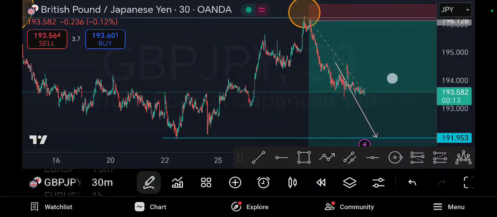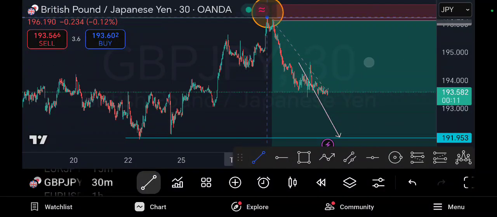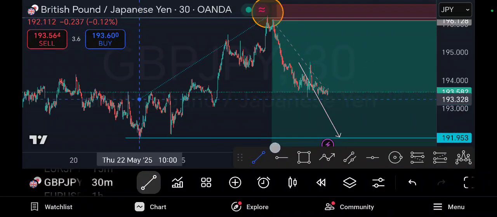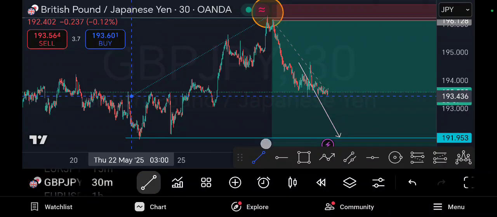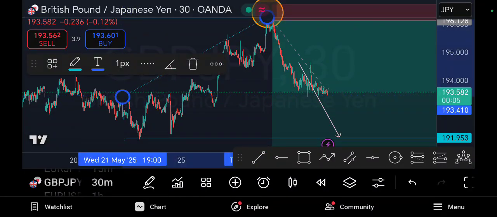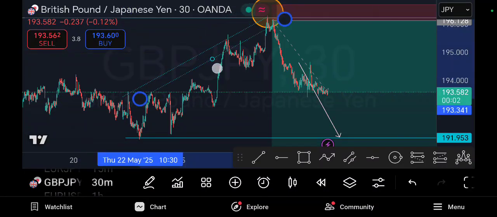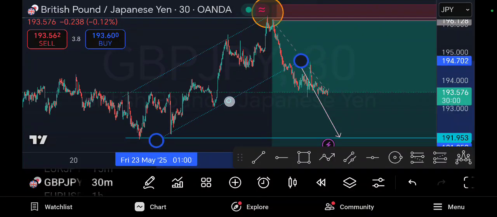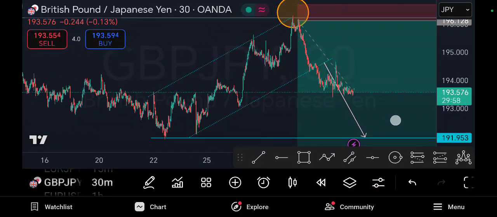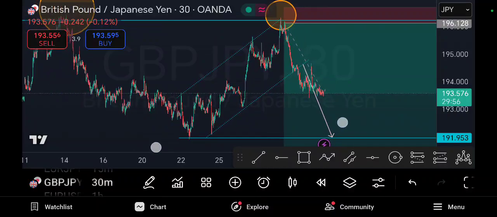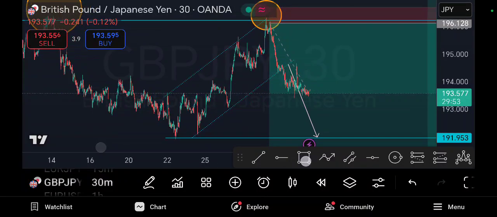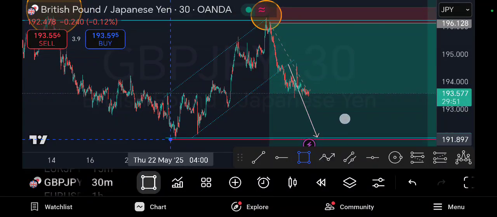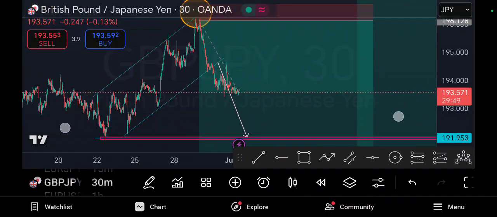Wait, let's see. Let's see here. Okay, then clone it. Okay, this looks more understandable. So yeah, now it confirms the sells even further.